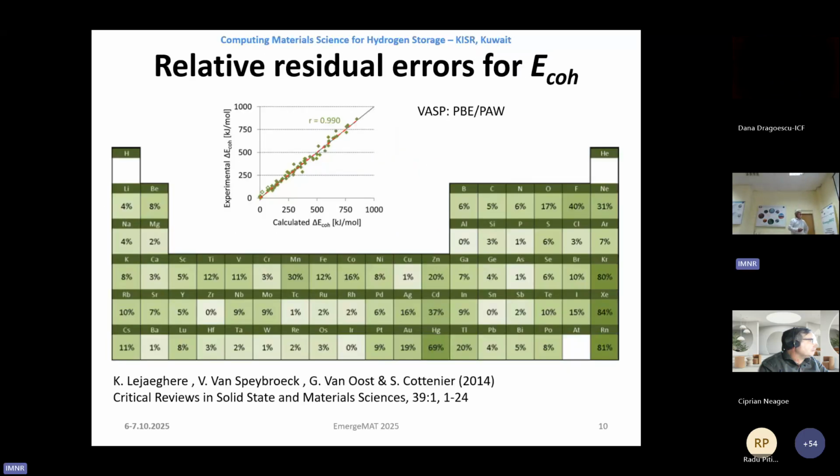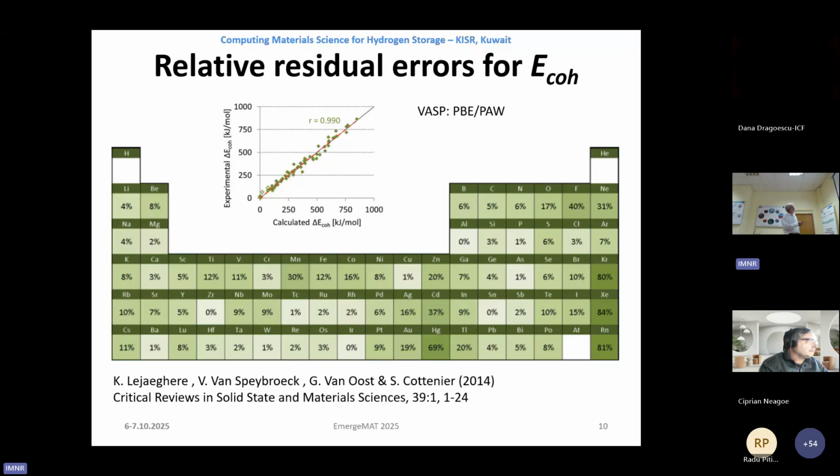To have an idea about the accuracy of total energy calculation with such methods, we have here the relative residual errors for cohesive energy. You can see that they are almost along this line. There are some very important errors, but also some very nicely precise values.